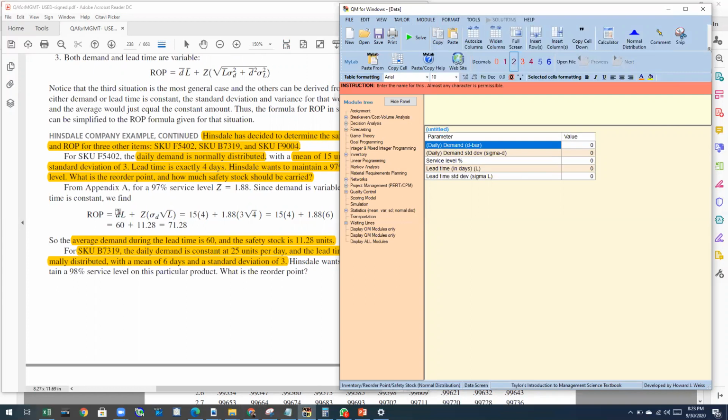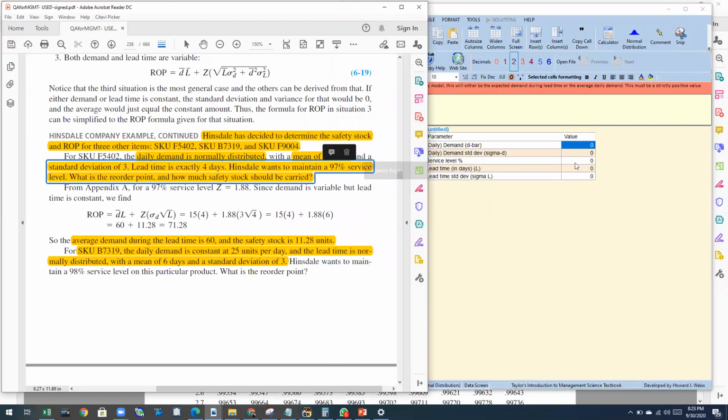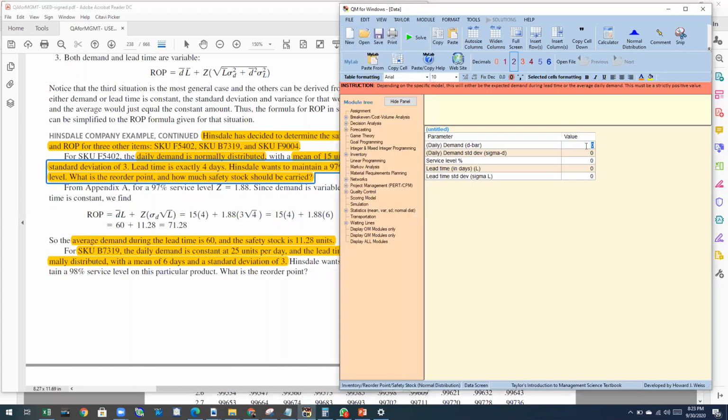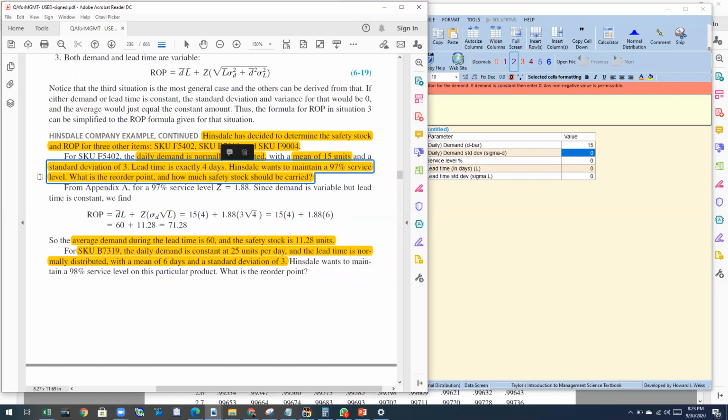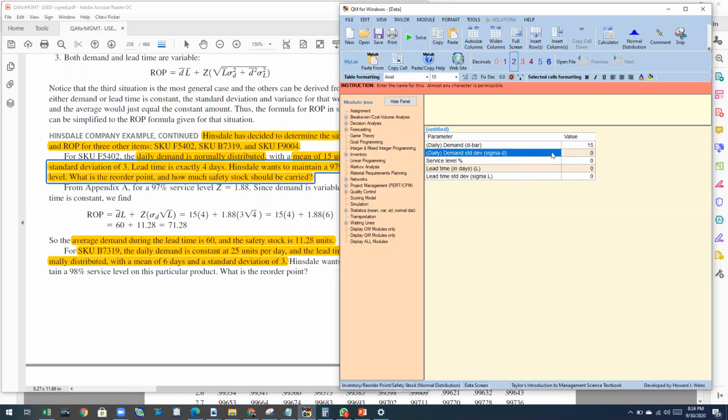This is D bar, that means this is the average daily demand. It said here daily demand is normally distributed with a mean of 15 units, and the daily demand has a standard deviation of 3. So daily demand standard deviation, this is 3.